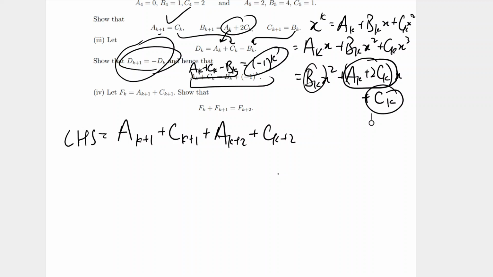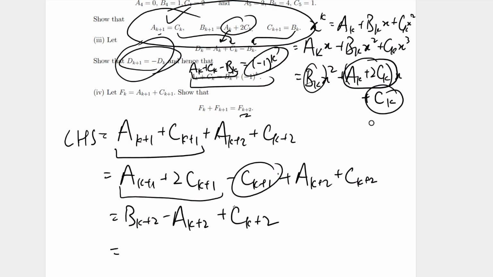This is just b(k+2). And this is just a(k+2) plus c(k+2). Am I doing something wrong? Oh no, I am doing something wrong. This should cancel, right? So a(k+2) plus c(k+2). Okay, I was ahead of myself. These things cancel. All right, sweet.